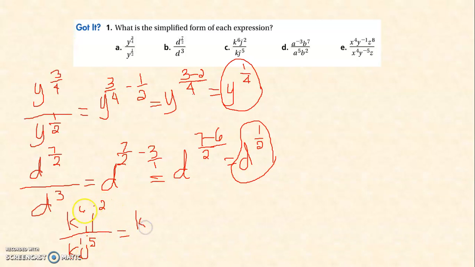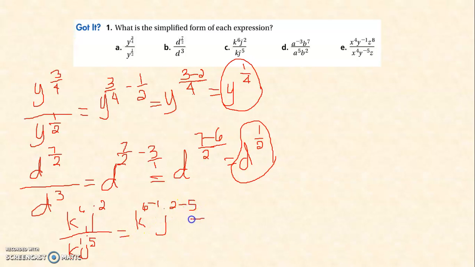So we're going to copy the variables. K. The exponent of k here is 6. Always start at the numerator. Minus, the exponent of k here is 1. J. The exponent of j here is 2. Minus, the exponent of j here is 5.